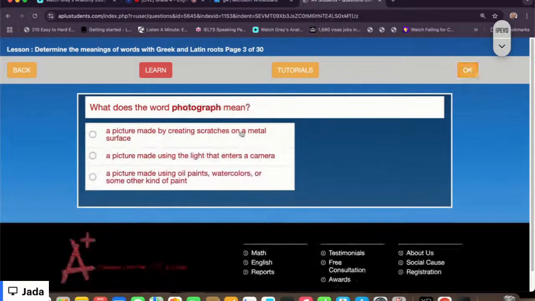What does the word photograph mean? A picture made by creating scratches on a metal surface, a picture made using the light that enters a camera, a picture made using oil paints, watercolors, or some other kind of paint.